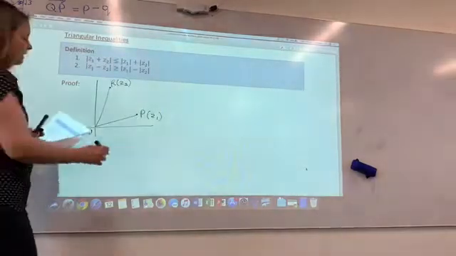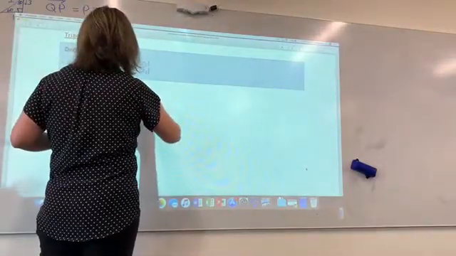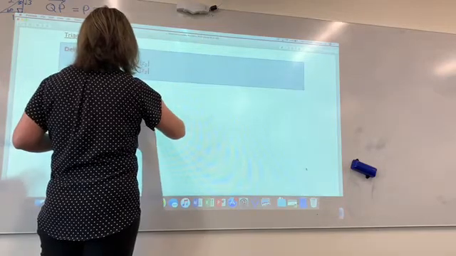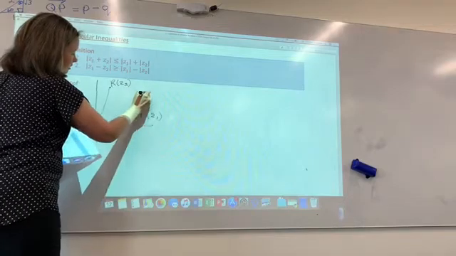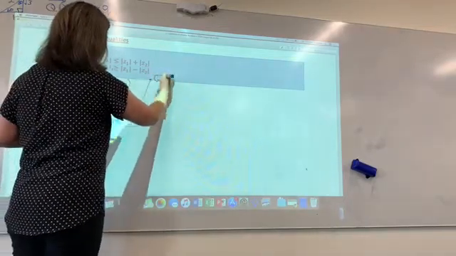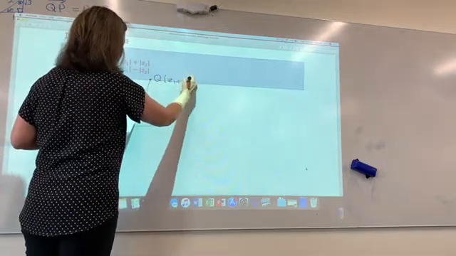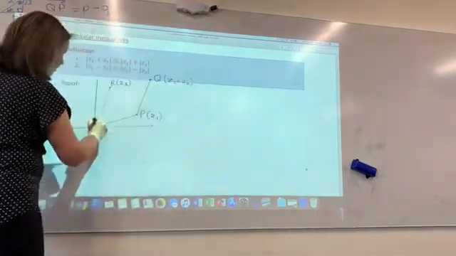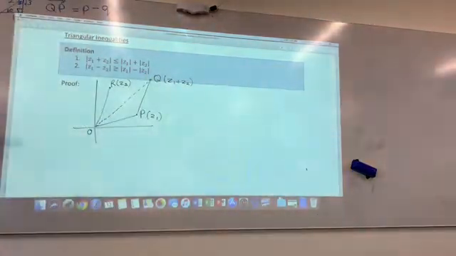If I add them together, we'll get the point Q, which is kind of maybe parallel. So if I move R, Z2, over to here, that'll get me the point Q, which is Z1 plus Z2. So just making that parallelogram.